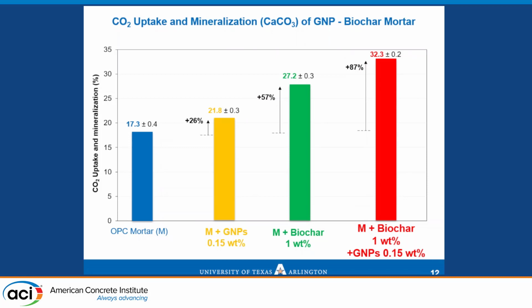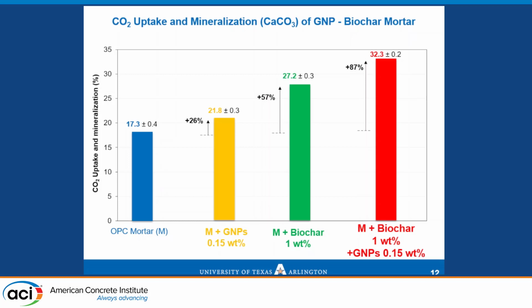And here are the results, using the exact same procedure, with an accelerated carbon curing chamber that we use for our experiments. So the results speak for themselves. Mortar has a 17% uptake, CO2 sequestration capacity, let's say.